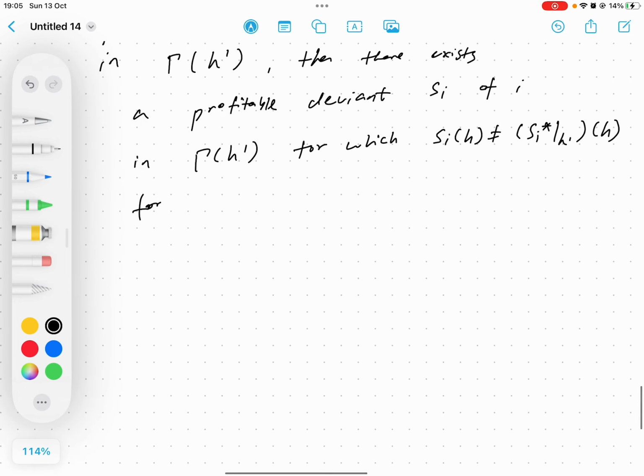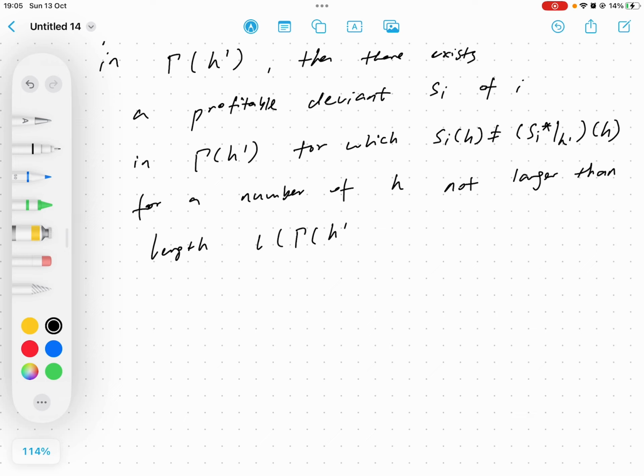This holds for a number of histories h which is not larger than the length L of gamma h star.